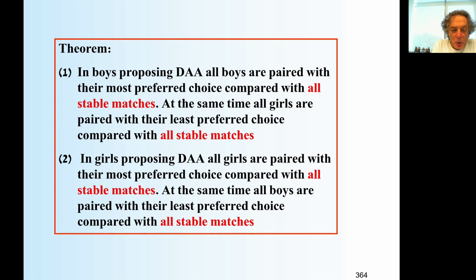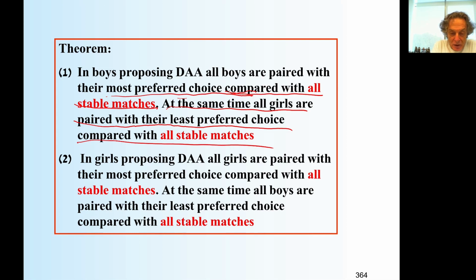In the boys proposing deferred acceptance algorithm, all boys are paired with their most preferred choice. What does it mean, most preferred? When I compare, just look at all stable matches. At the same time, all girls are paired with their least preferred choice compared with all stable matches.